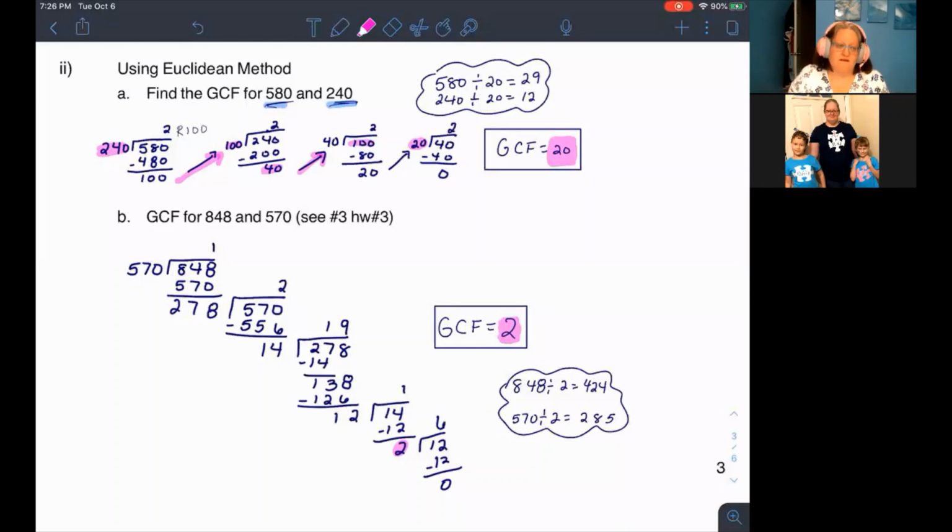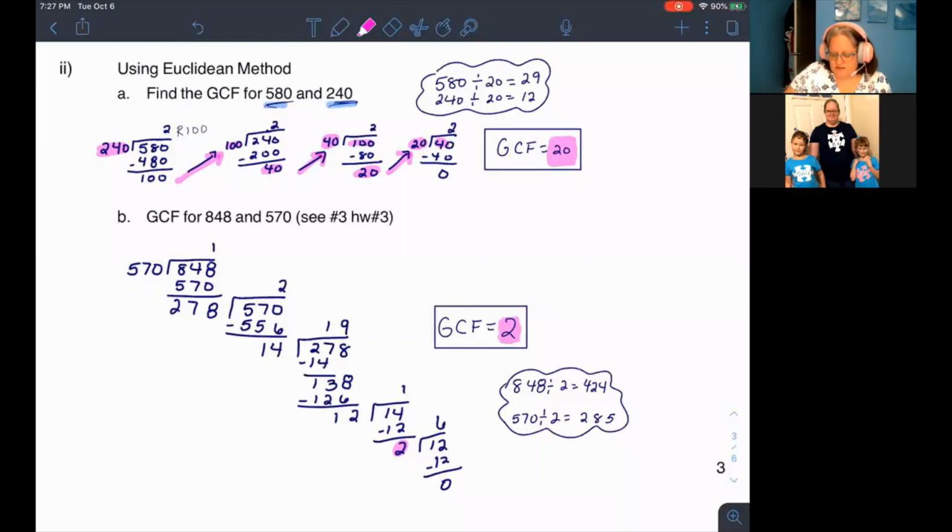So we have 40 into 100 is 2 with a remainder of 20. Still have a remainder. So we're bringing up that 20, going from a remainder to a divisor, and we're bringing the 40 over from the previous one, and it's now the dividend. So 20 into 40 is 2, because 2 times 20 is 40.